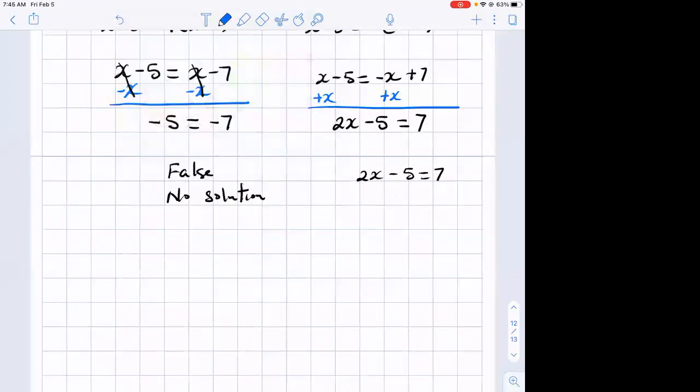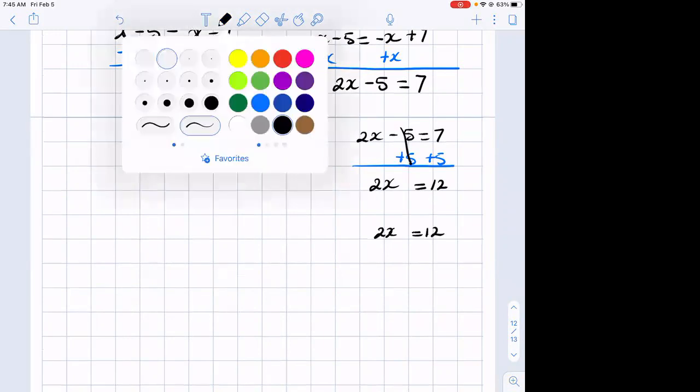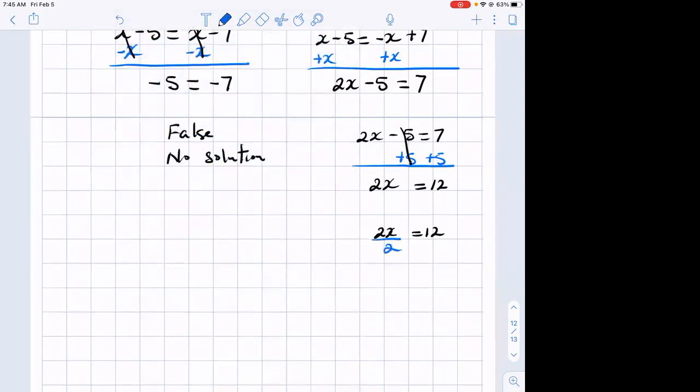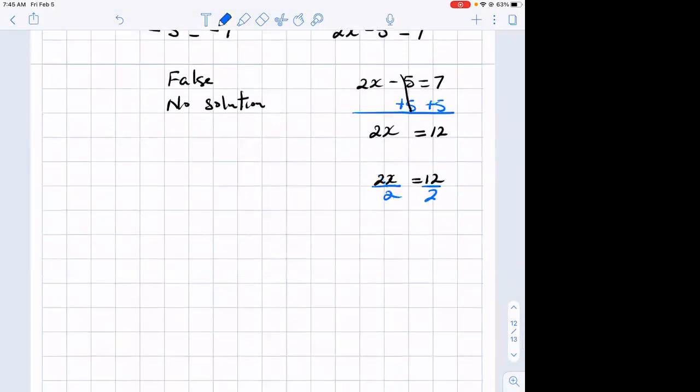I will add 5 to both sides. That leaves me with 2x, this becomes 0, is equal to 12. And then to get x by itself, I will divide both sides by 2. Okay. This will become a 1x, and here we have 6.